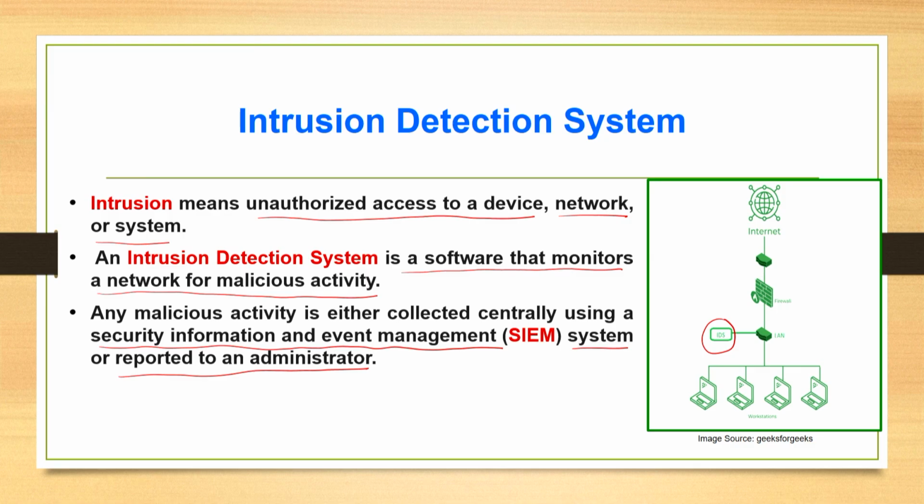So what is the difference between firewall and intrusion detection? Firewall deals with the network traffic, whereas an intrusion detection system acts as a security layer by helping to identify and prevent unauthorized access or attacks on a network system.